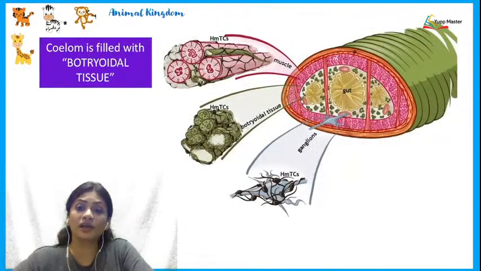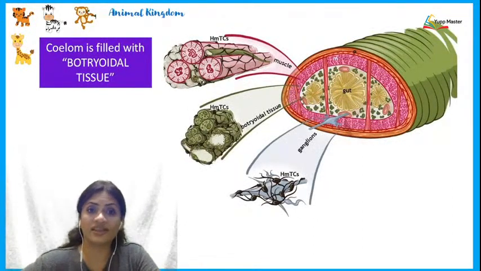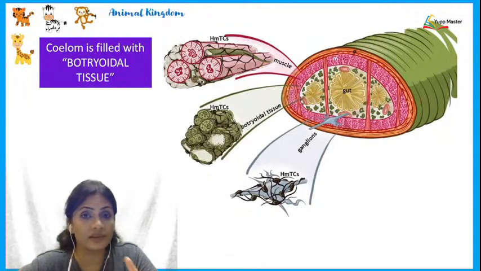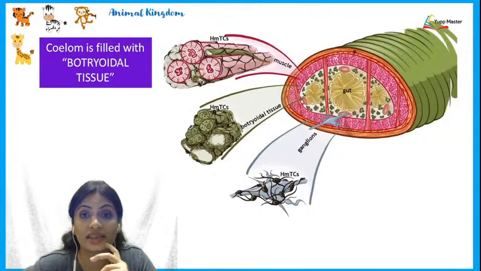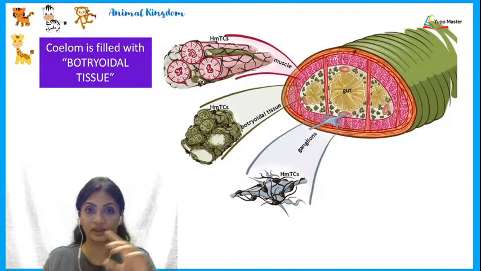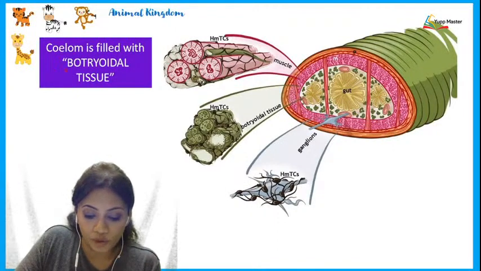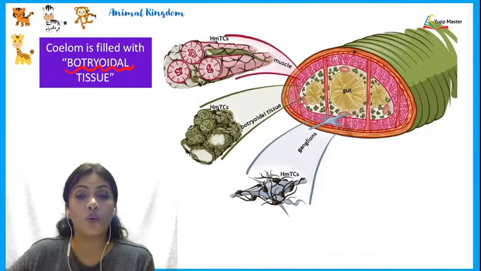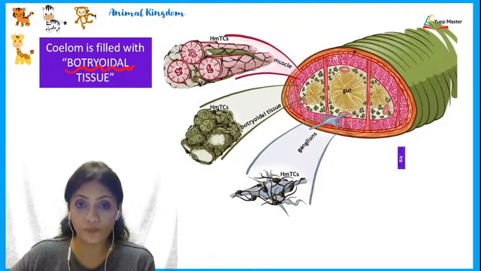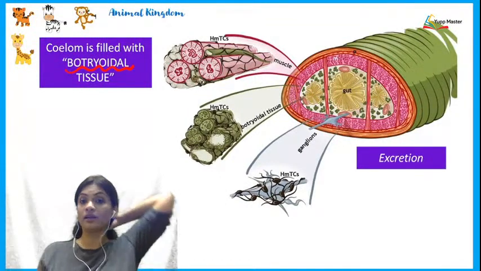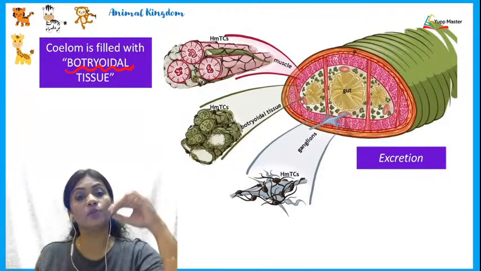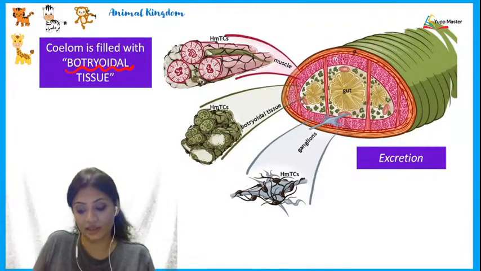Now talking about the body of a leech, remember these are coelomates. The coelom is filled with a tissue, and that tissue is called the botryoidal tissue. What is this botryoidal tissue? These are tissues which have several functions. They could be performing functions like excretion.